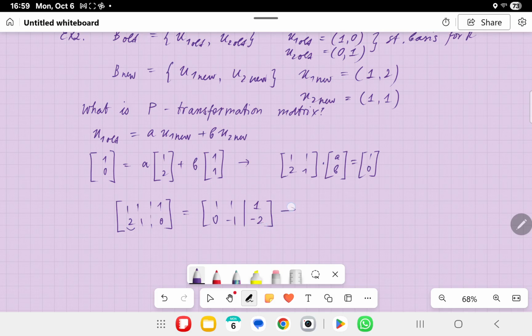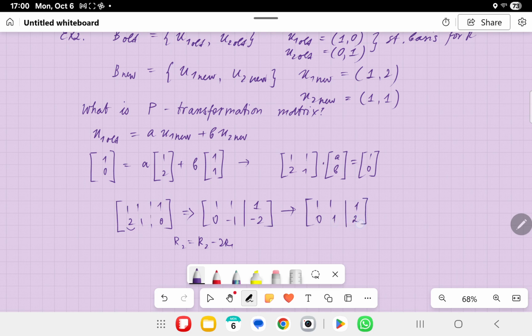That was row number 2 minus 2 times row number 1. Now I'm going to multiply row number 2 by minus 1 and get 0 1 2.